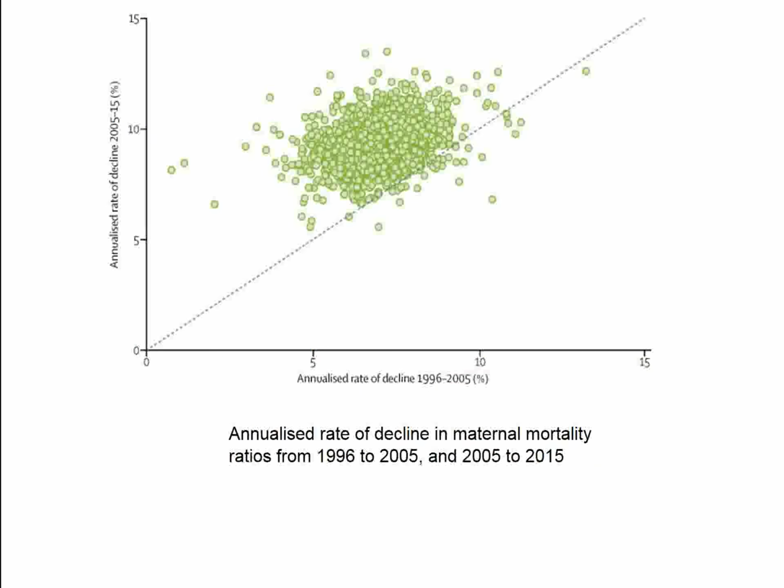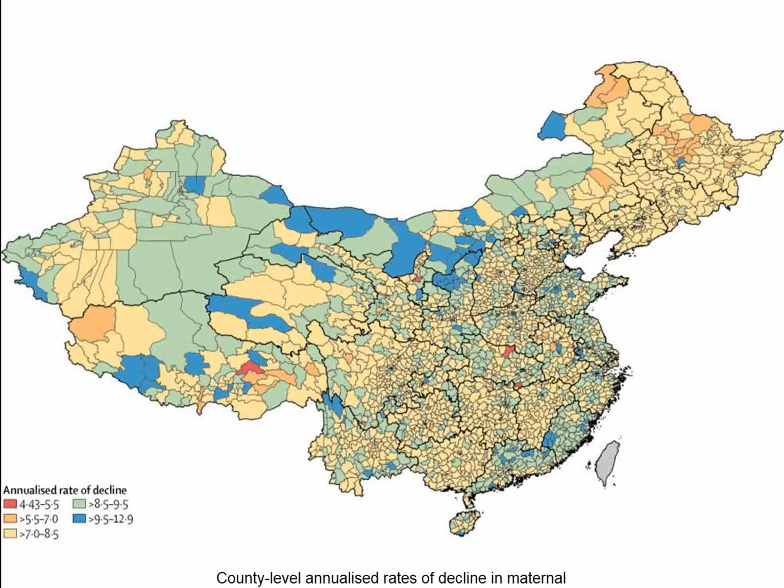And it's been dramatic, because if the rate of improvement were as it had been, comparing 1996 to 2005, then all these green dots would be on the line. But instead, the green dots have been pushed upward. That means that they've done something dramatically in their healthcare system to improve this state of affairs.